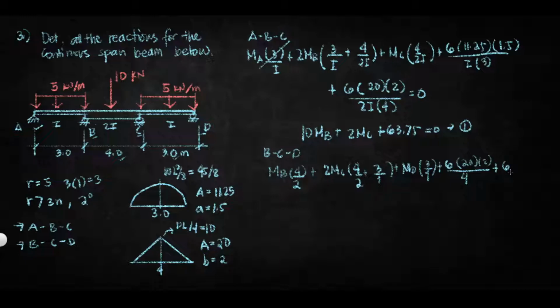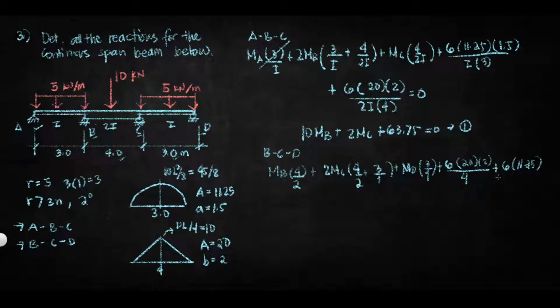Or span CD. So we have 6 times 20. Times by 20. Nandito tayo sa uniform distributed load. So we have 11.25.